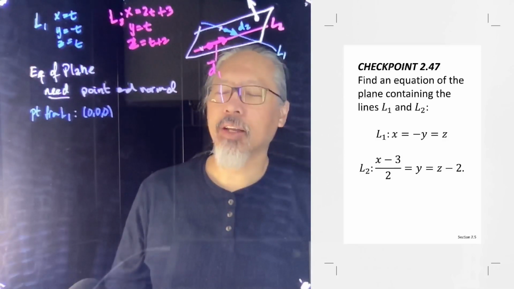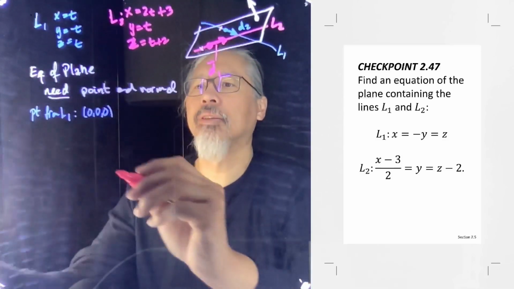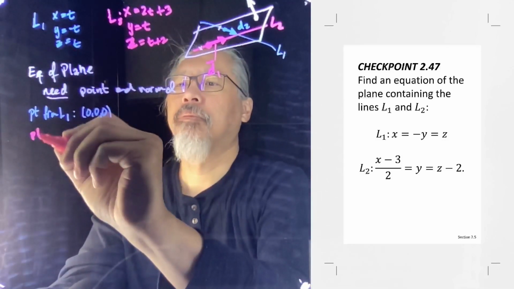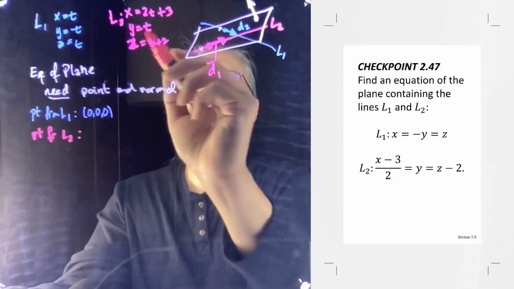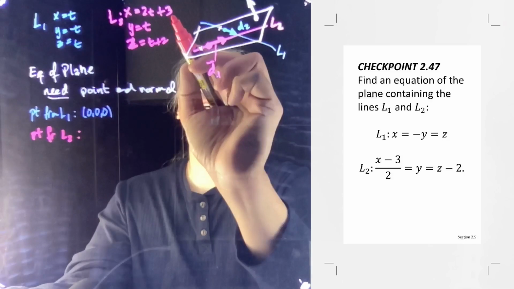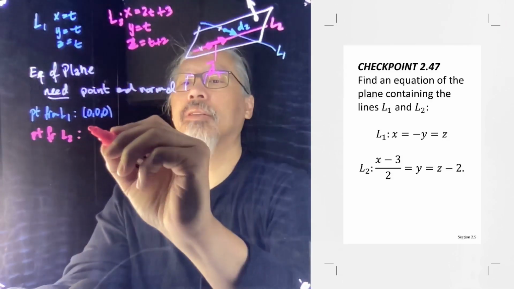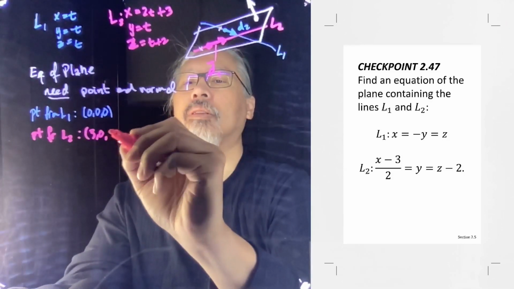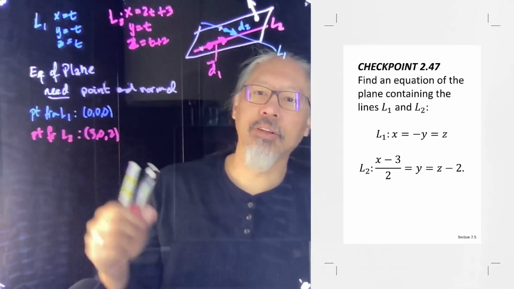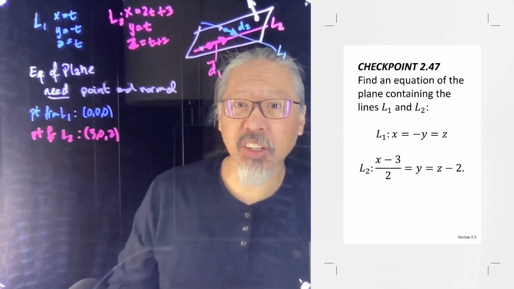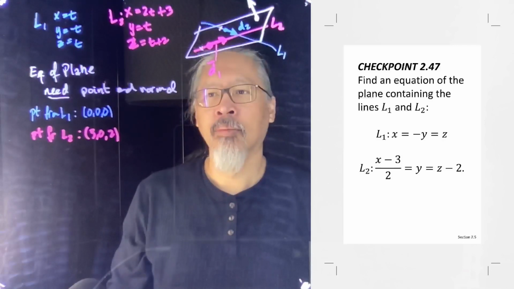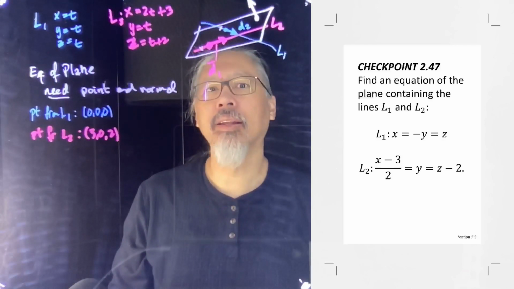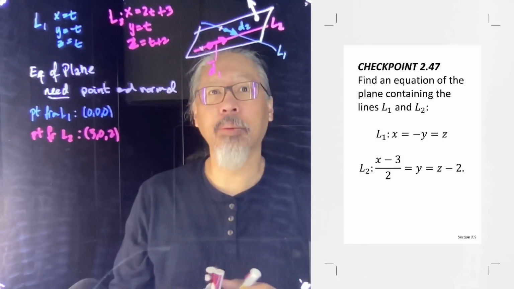We can also extract a point from L2, and that's going to be given by the constants again. So it's 3, 0, and 2. We can use either of these points. We're just going to use one of them after we figure out the normal, and then we'll talk about the equation of the plane when we get there.